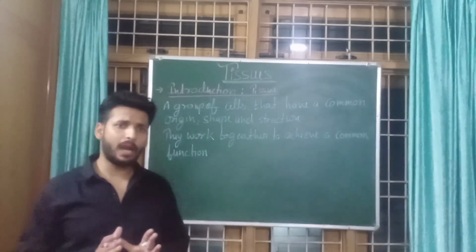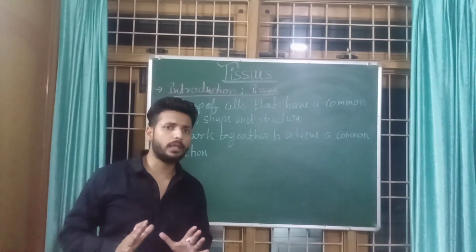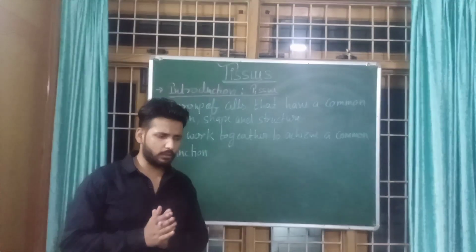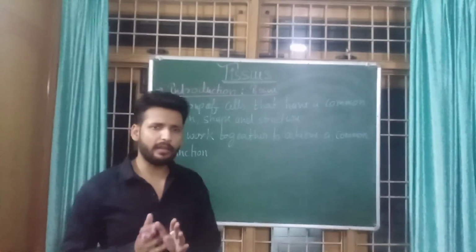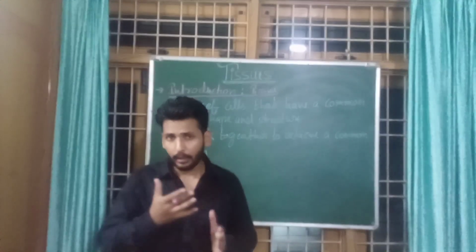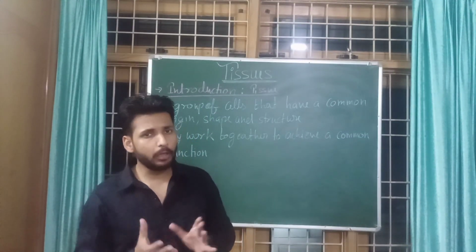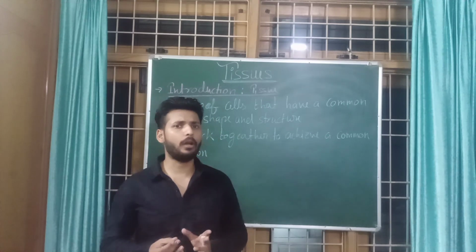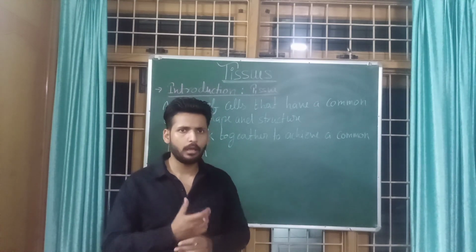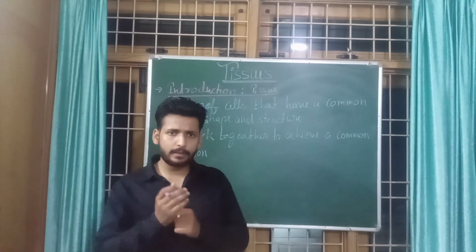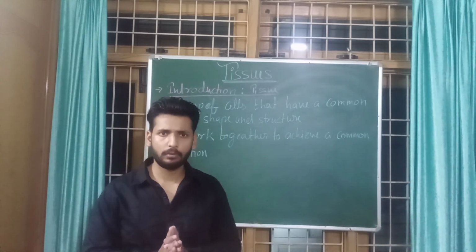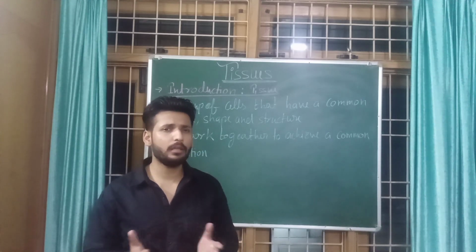We are going to start our very first topic of the chapter, that is introduction to tissue. Before starting the introduction, we get to know what all organisms are made up of. We have studied that all organisms are made up of a basic unit, that is the cell. The cell is the basic structural and functional unit of life, of which all organisms are made up.